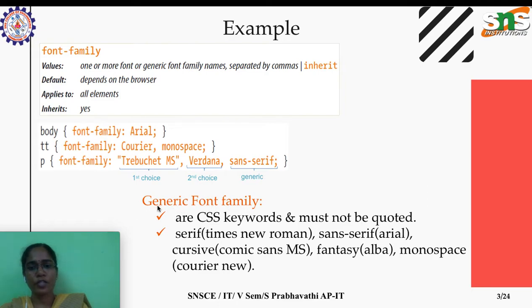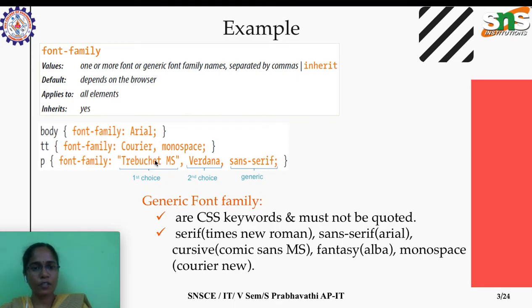CSS allows generic font families like serif, sans serif, cursive, fantasy, monospace. Those we don't need to mention in double quotation. Apart from the generic font family, the other fonts we need to mention within double quotation, and here choice 1, 2, 3 is given.